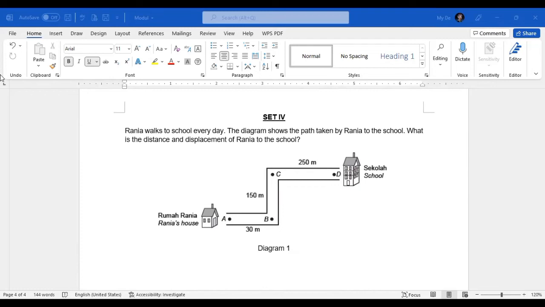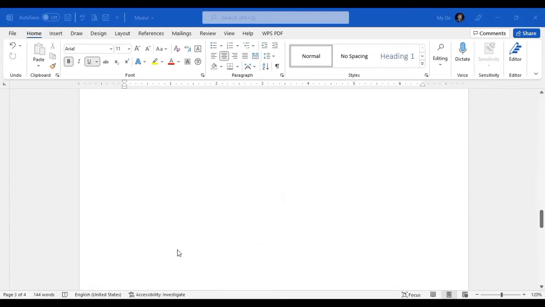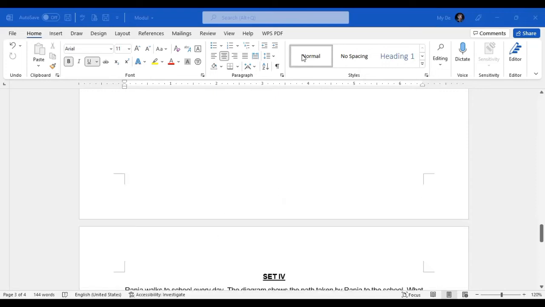Okay. So now I give you 5 minutes to solve this problem. After 5 minutes, we will discuss the answer together. Teacher, can you open the slide? I want to see the formula. Okay, sure.